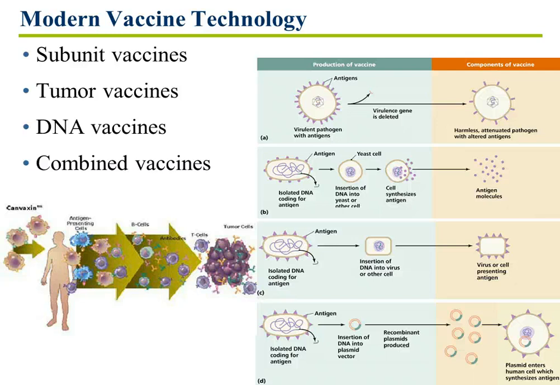Those are called tumor vaccines. Also, combined vaccines may be in the works where they combine many antigens at one time. They already do that for flu now. They use three different flu strains in one vaccine. That way you wouldn't have to get all of the different vaccines that are required when you're a child.